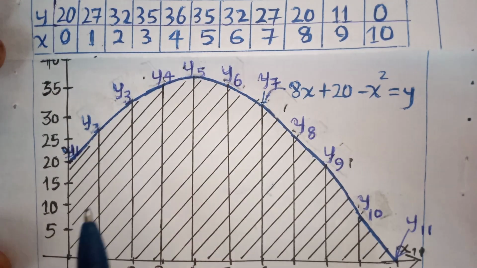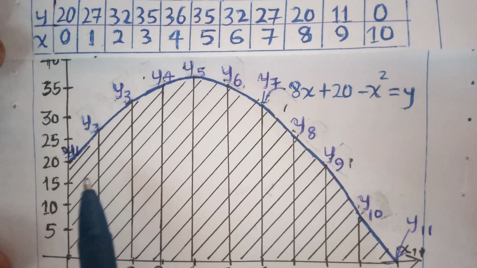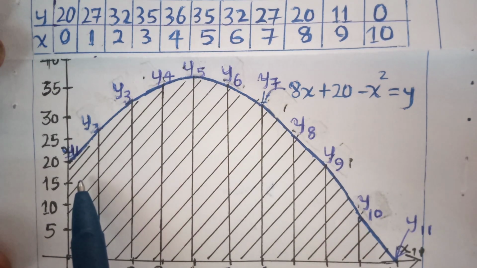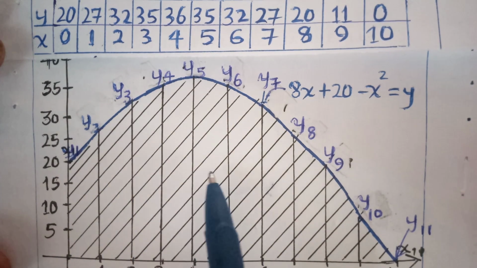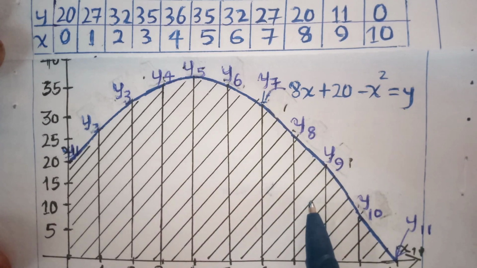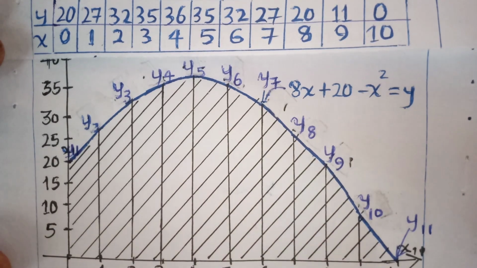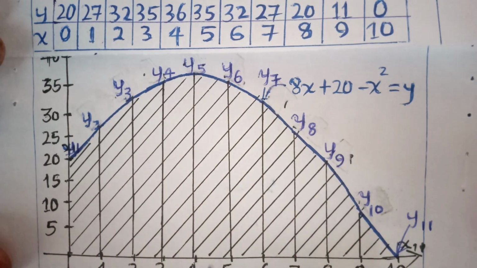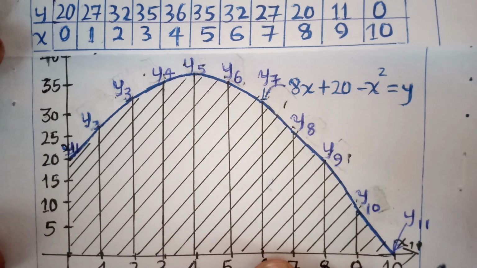As you look at this curve, you can see it's divided into an even number of segments or strips: 1, 2, 3, 4, 5, 6, 7, 8, 9, 10. This is one of the requirements when you are using Simpson's rule. And so, guys, thank you for listening to me.